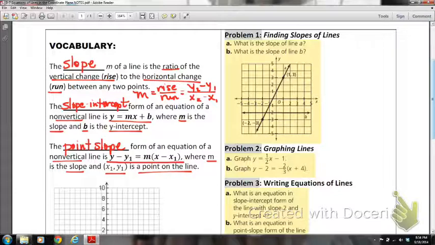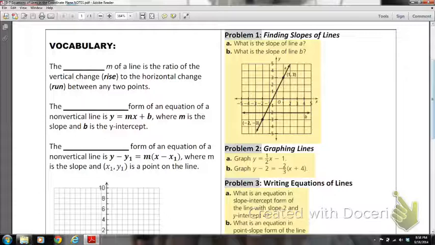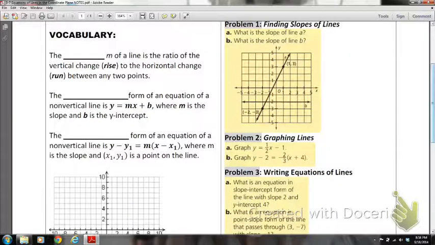So let's look at problem 1 over on the right. In problem 1, we're finding the slopes of lines.